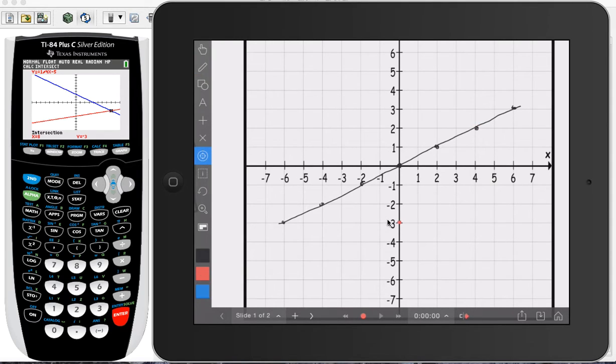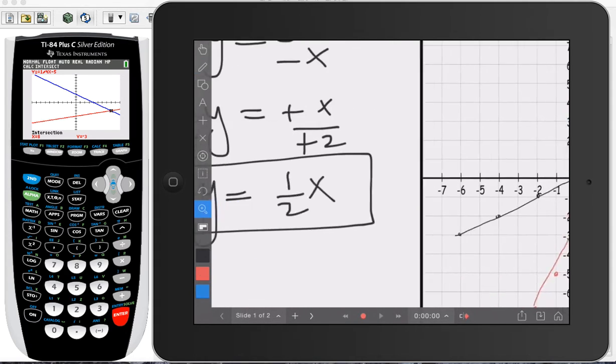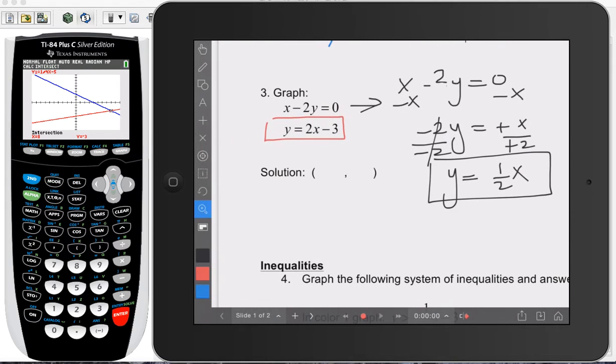Now the second line starts at negative 3, and then your slope is 2, so you need to move up 2 over 1, up 2 over 1, or down 2 over 1. You connect these points, and that's going to be your second line. As you can see, these two lines do meet at 2, 1, so that's going to be your intersection, or in other words, your solution.